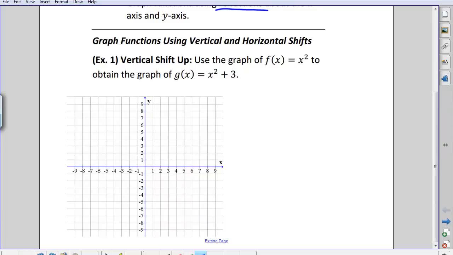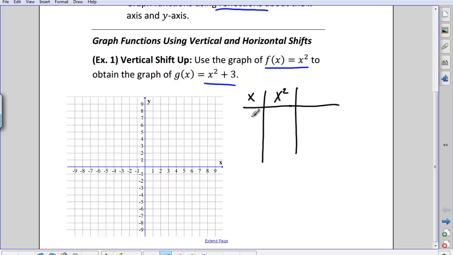It says, use the graph of f of x equals x squared to obtain the graph of x squared plus 3. If you'll remember, in doing this, a lot of times it's helpful to look at a table. Say we have these x values.